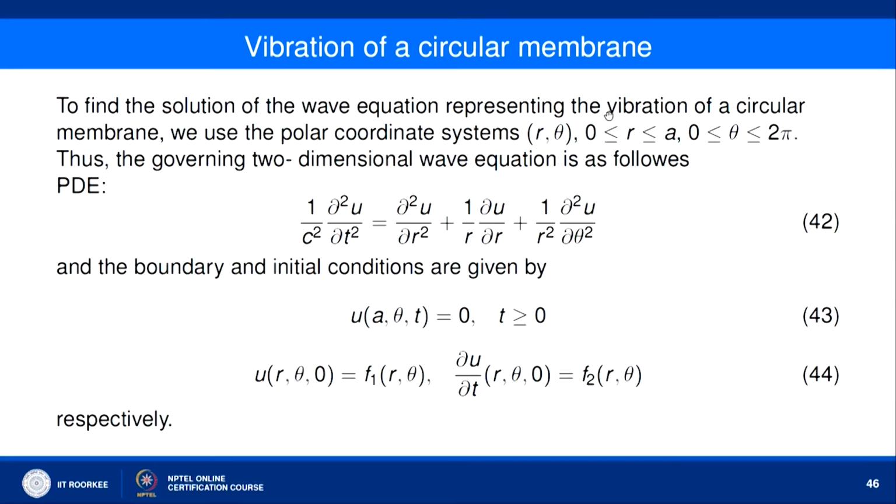Now we will move to the next problem, that is vibration of a circular membrane. Here we want to find the solution of the wave equation representing the vibration of a circular membrane. We use the polar coordinate system, r and theta, where r lies between 0 and a and theta lies between 0 and pi.